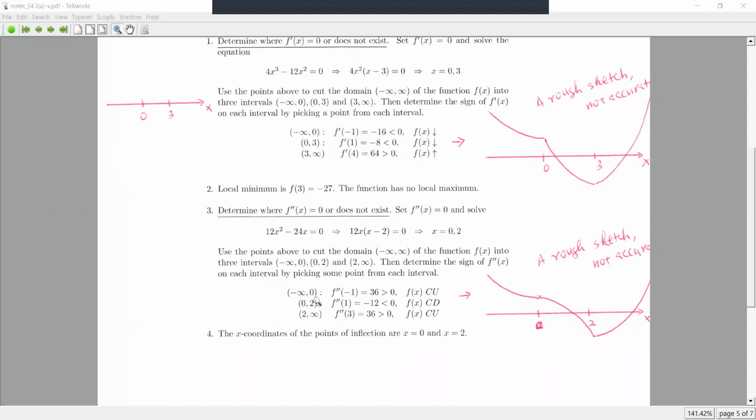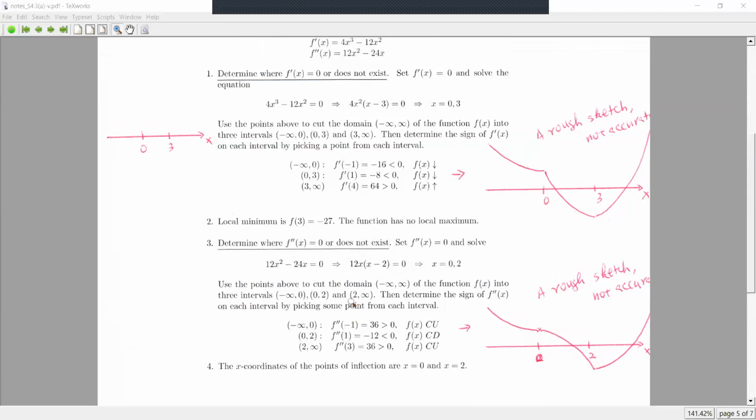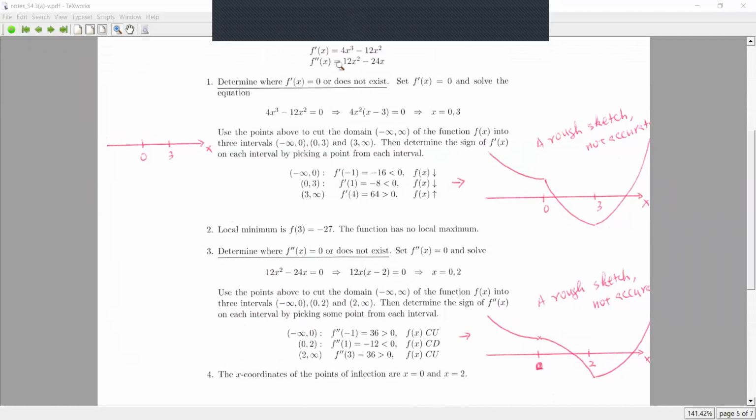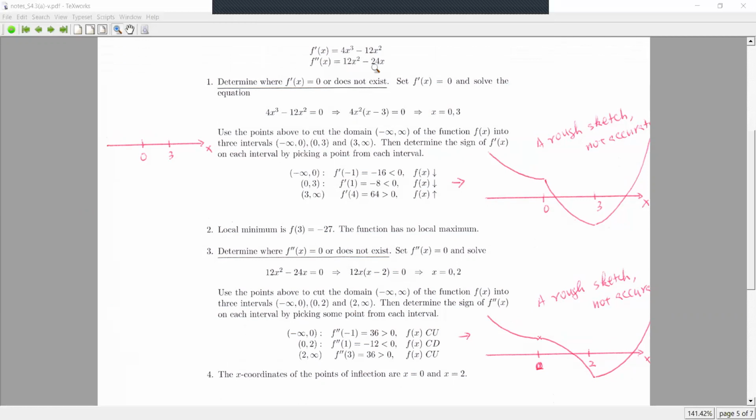For the first subinterval, I arbitrarily pick a point, say negative 2. Evaluate the second derivative at -2. How? Plug in -2 for x here. Then 12 times -2 squared minus 24 times -2.